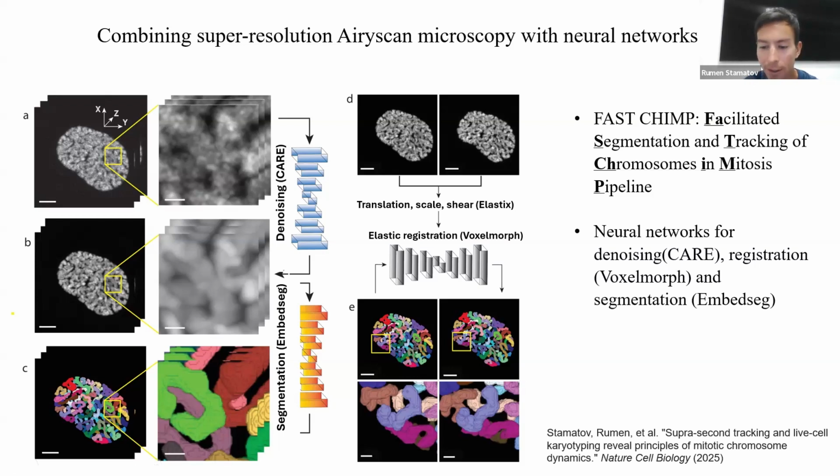So registration helps with the tracking of transferring each segmentation mask from the current time point to the next. So on the top, we see our raw images. The middle row, the denoised ones by the CARE network. And then on the bottom left, we see the result of such a segmentation.